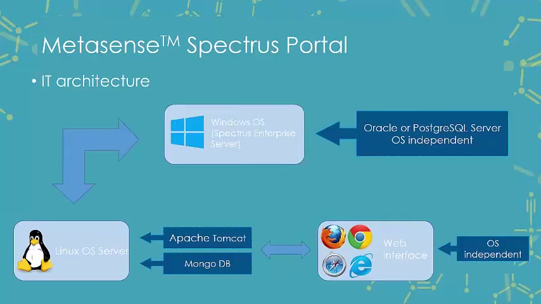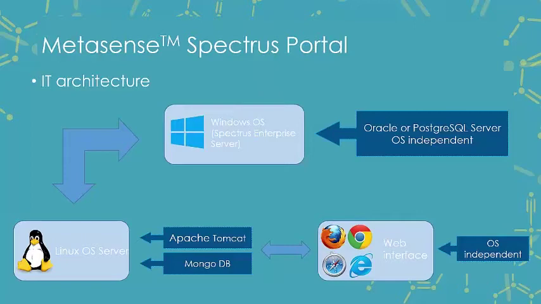On the Linux server, you have Apache Tomcat and MongoDB that are required to translate the information between our Spectrus DB Enterprise server to the web interface. But these are all fairly standard IT databases and software that your typical IT department will be quite familiar with. So it is fairly easy to deploy within your IT organization.